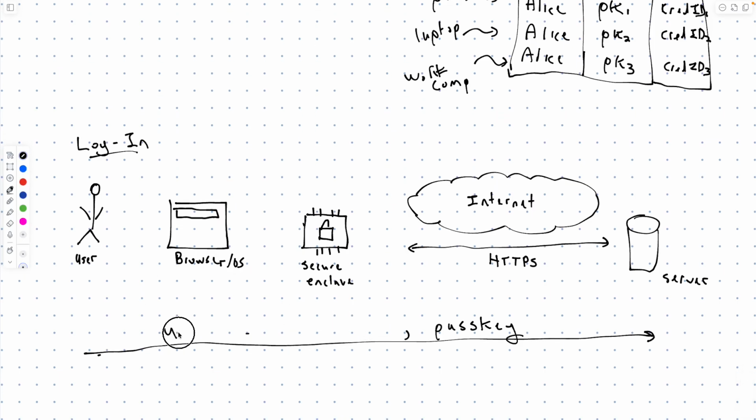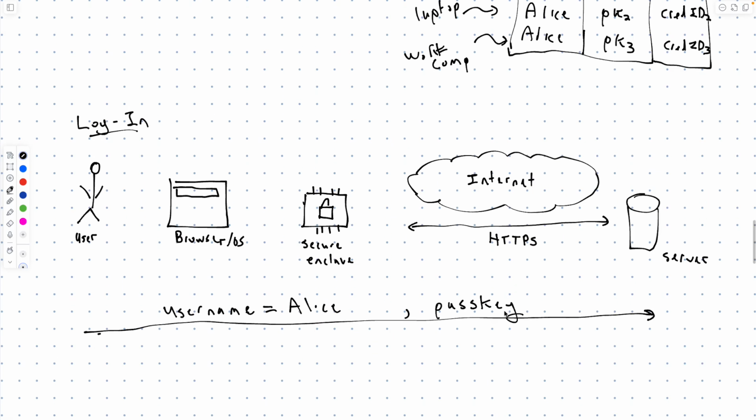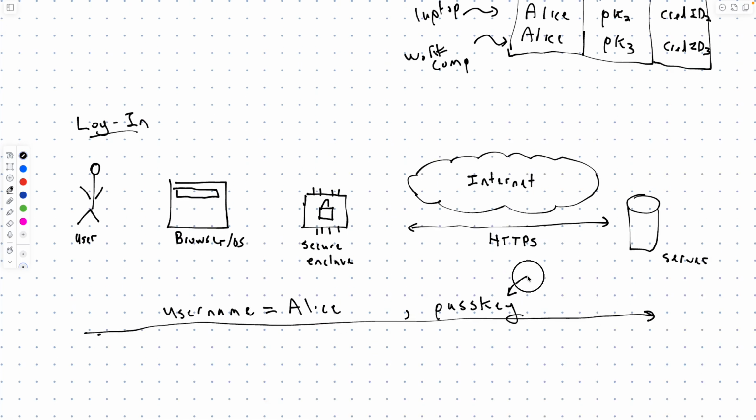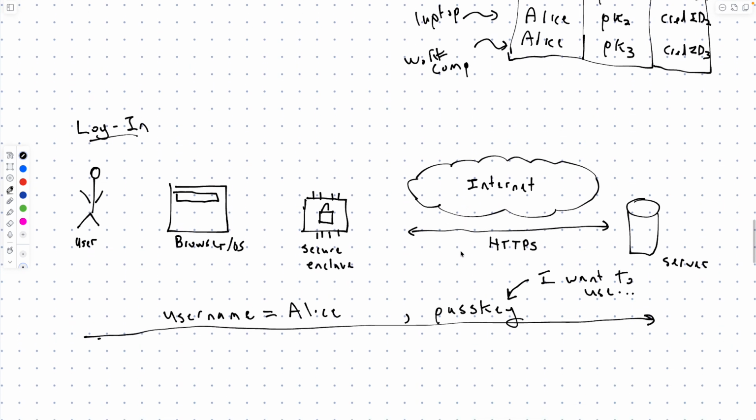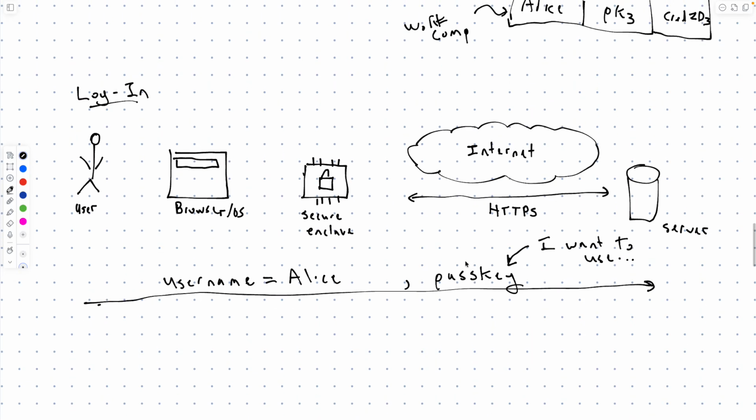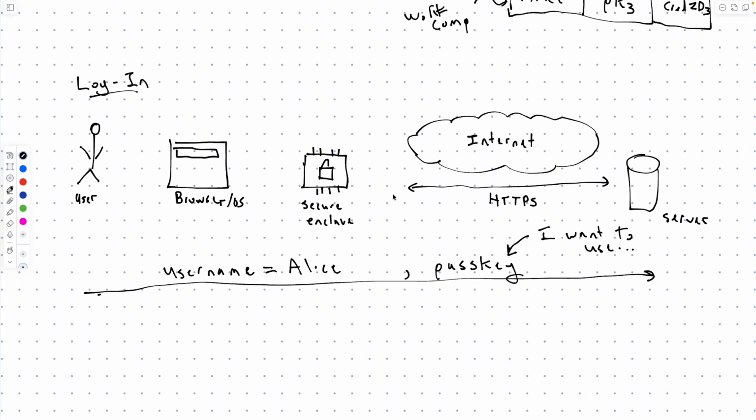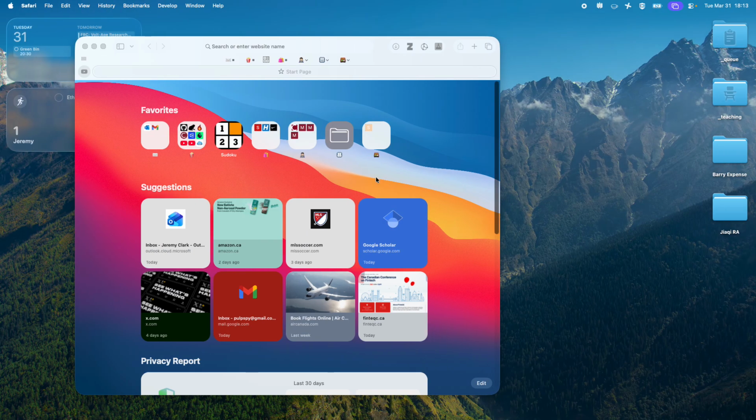Just this will make more sense. And here she's not sending a passkey. It's not something she sends. It's just like, I want to use a passkey instead of a password. It's like a permission. No, it's just how you want to log in. It's just so that the server knows that you want to use a passkey instead of something else.